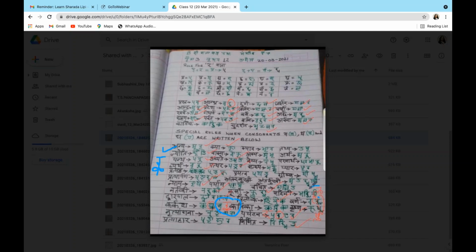Let me just change the color. While writing R and N, you have to write it like this. So R and N basically get combined.